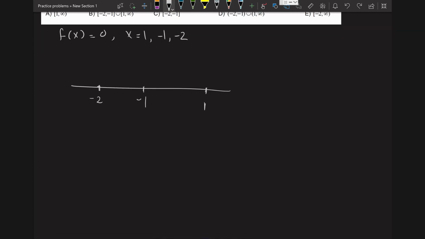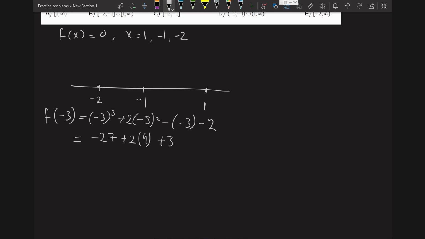So for example, we would try a number less than -2. That would be f of -3, which would equal -3 cubed plus 2 times -3 squared minus -3 minus 2, which equals -27 plus 2 times 9 plus 3 minus 2, which is -27 plus 18 plus 1.